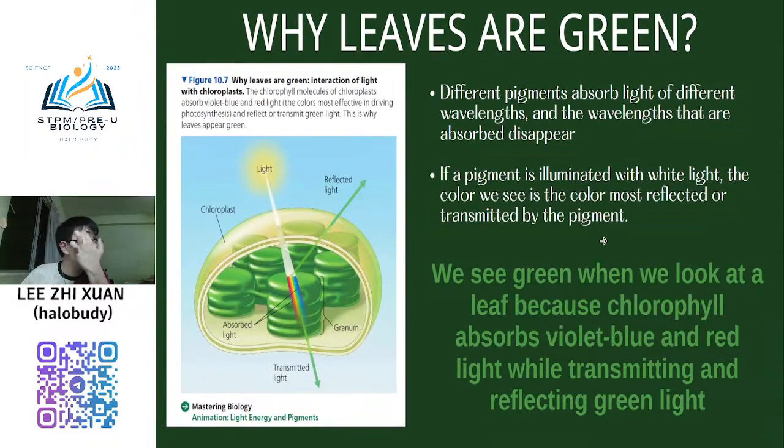Okay, another question: why are our leaves green? You look at plants, why are all the leaves green? When you were in secondary school, you asked your teacher. Your teacher will tell you, because of chlorophyll.